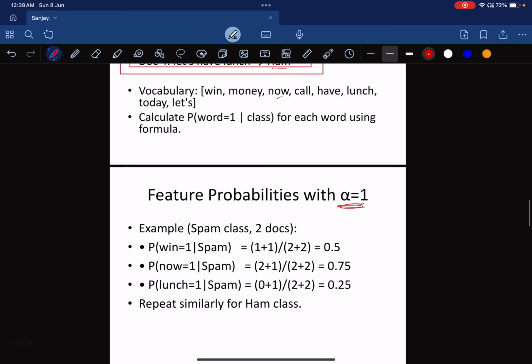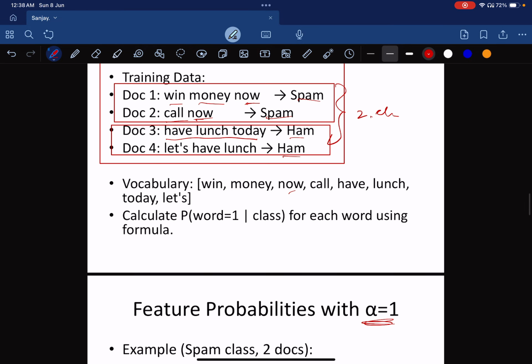Like in class one, it will store the words, each word as a feature, and its corresponding frequency in that class. For example, win occurs one time, money occurs one time, now occurs two times, and call occurs one time, in the spam class.